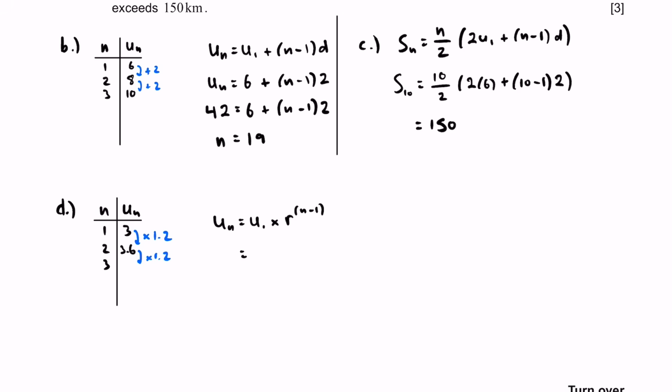So u1, we know what that is. The value of the first term is 3. Common ratio, what we multiply by to go from one term to the next, is 1.2. And then raise this to the power of n minus 1. So now we've got an input-output equation. n, week number, un, value that he runs within a given week.